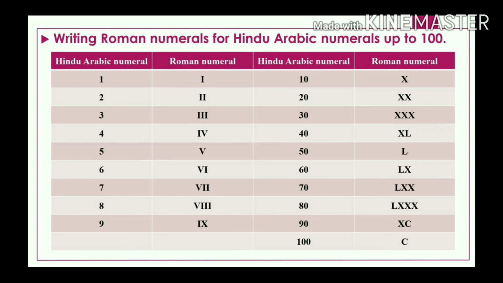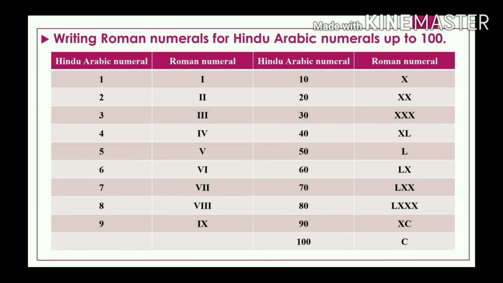And in 9, I is written on the left side of X, which means 1 is subtracted from 10. So we can say for subtraction, we have to write the smaller number on the left side of the greater number.